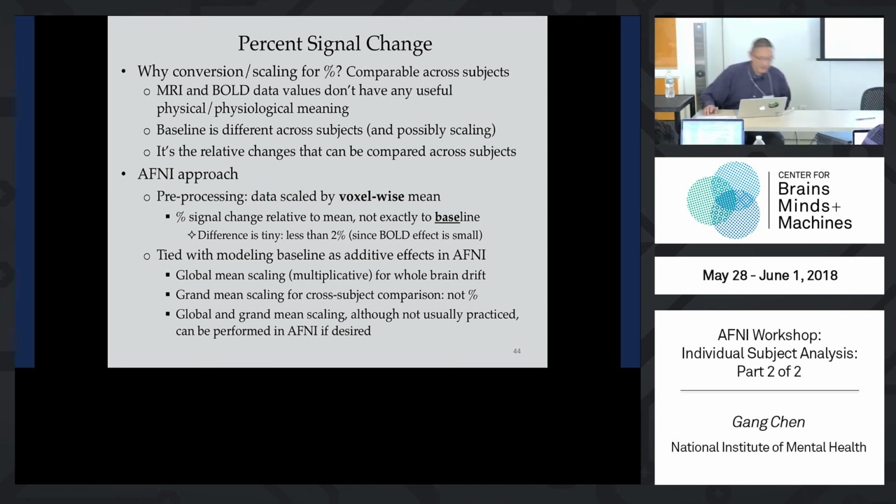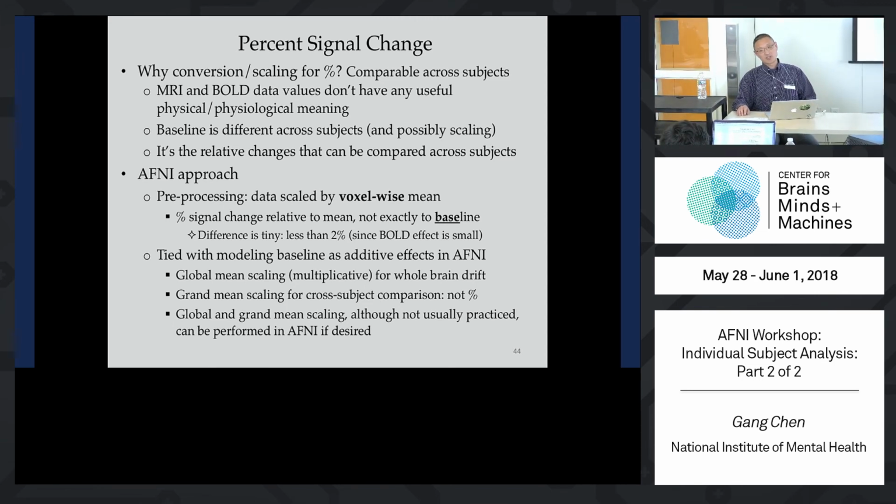One defense I heard in the FSL camp is that if they do voxel-wise scaling, they may have trouble around the edge, the border of the brain. They have some irregularities, but I don't understand what kind of irregularities they're talking about. Anyway, at least I haven't seen such a problem yet in AFNI.